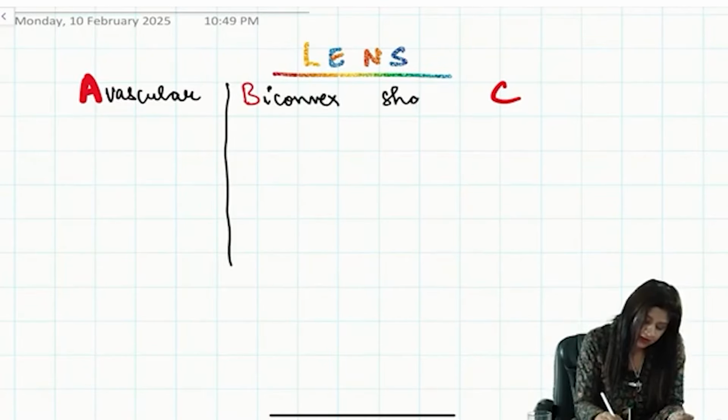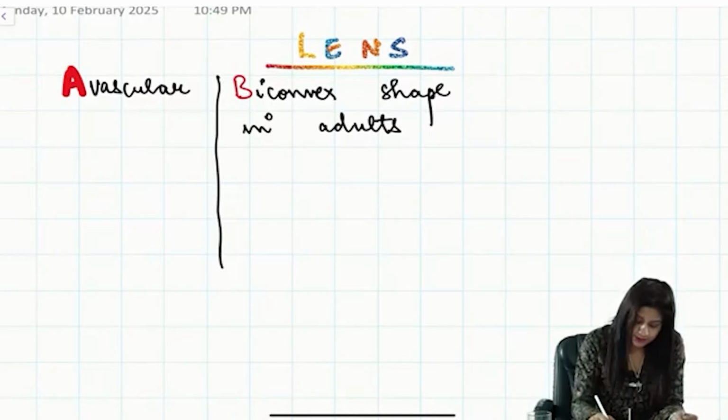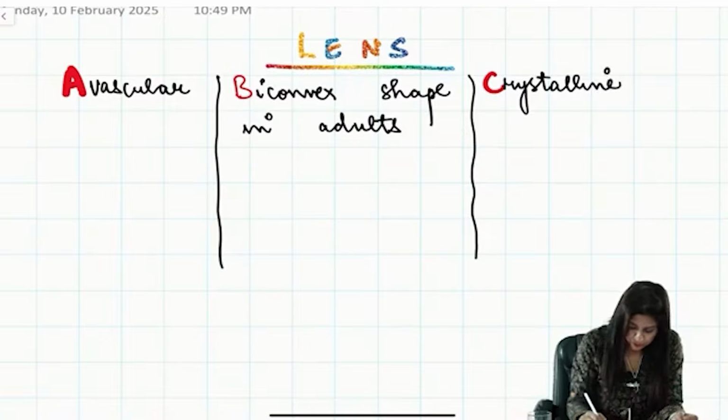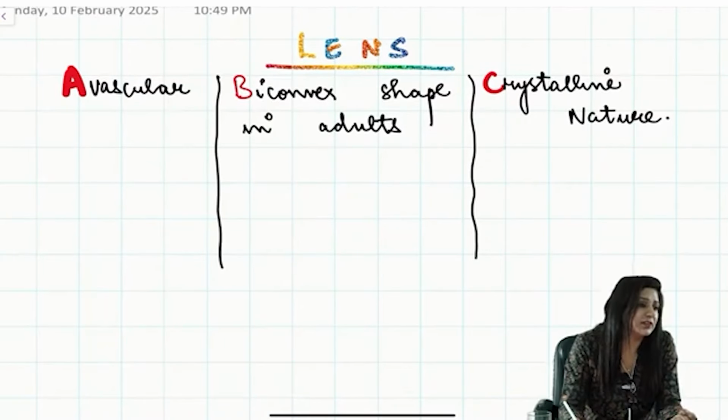It is having the biconvex shape in the adults. And then is the C. C for crystalline nature. The basic A, B, C of the lens: it is avascular, the shape is biconvex in adults and it is a crystalline structure.